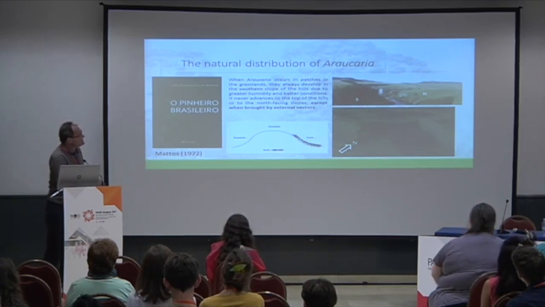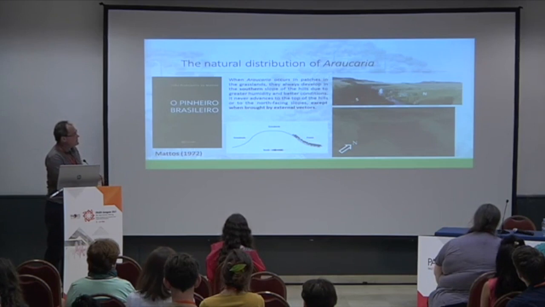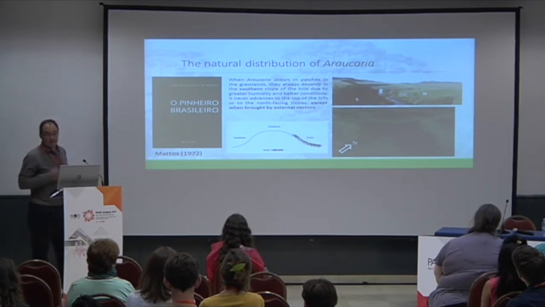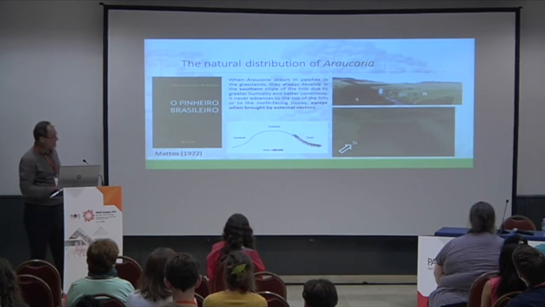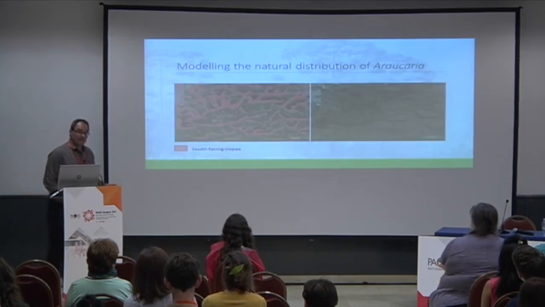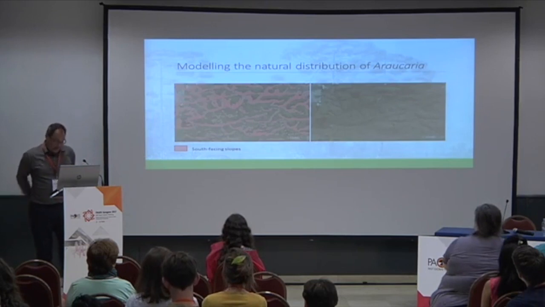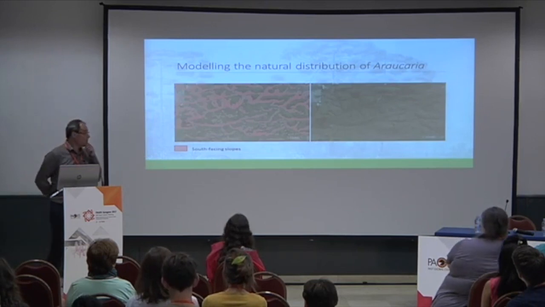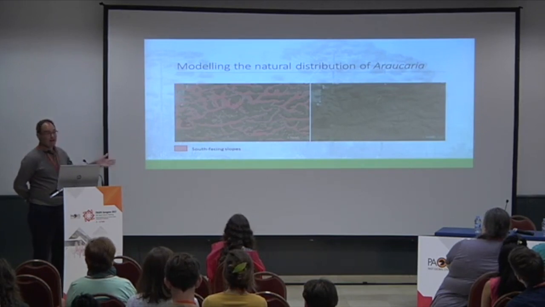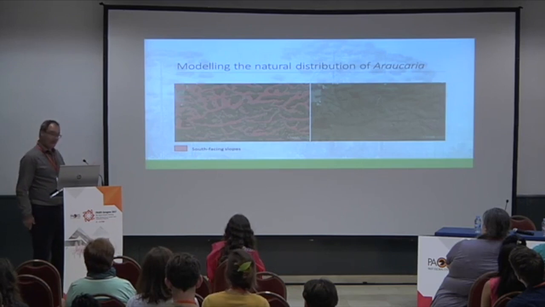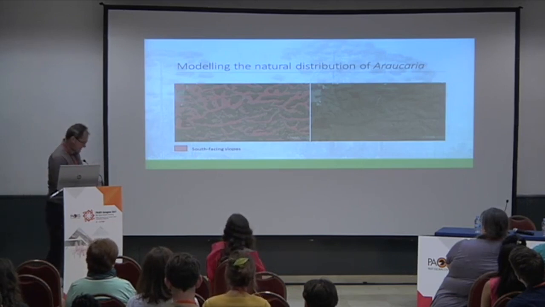And here we can see some examples. The south face completely covered by Araucaria forest, where the north face is covered by campos. And here we have another satellite image showing the same. Well, based on these parameters, taking into account the aspect and the topographical position of the forest, we went to areas where there was no archaeology, and we modeled the maximum extent of this natural distribution of Araucaria forest.